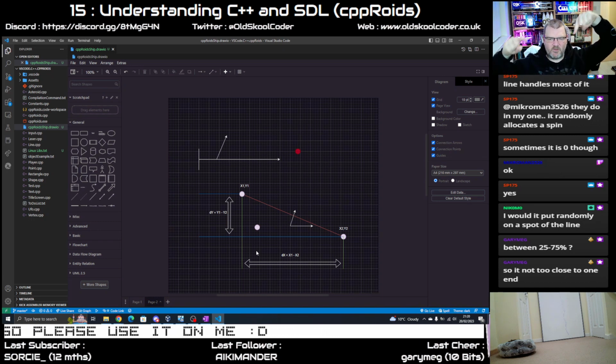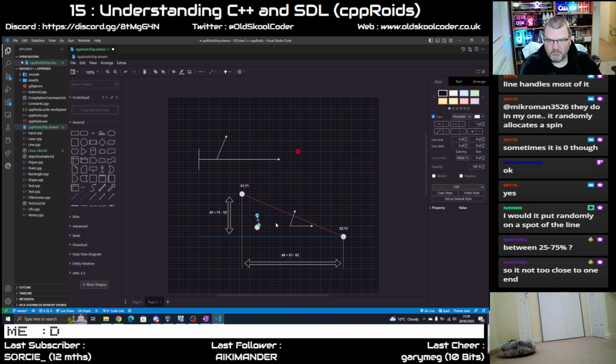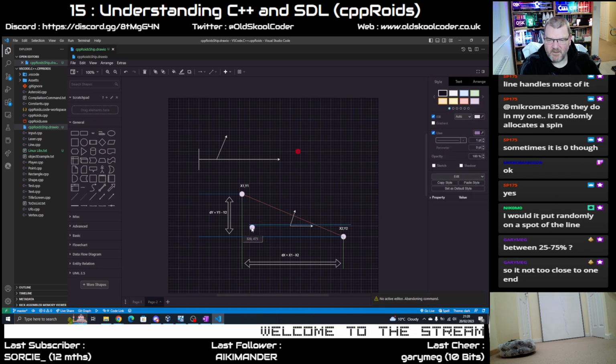If we say 75%, that is going to be round about here for the Y, and 75% on the x-axis is around here. So our pivot point's going to be around about there. 50% will be there, 25% will be there.